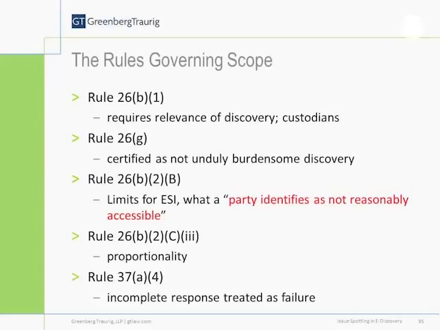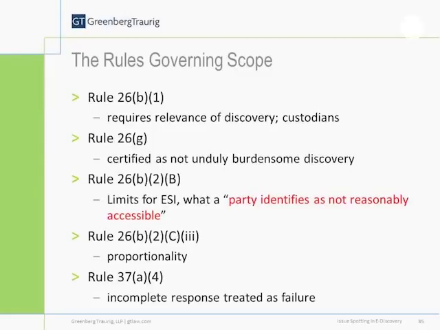26(b)(2)(B), very important rule about the scope of ESI discovery, because it limits your need to search through things that a party identifies as not reasonably accessible. Probably the most misunderstood safe harbor I've ever seen. But what it means to identify something as not reasonably accessible, it doesn't mean that you looked at it and said, wow, that's going to be hard to get to.